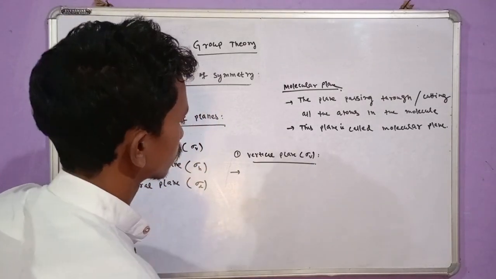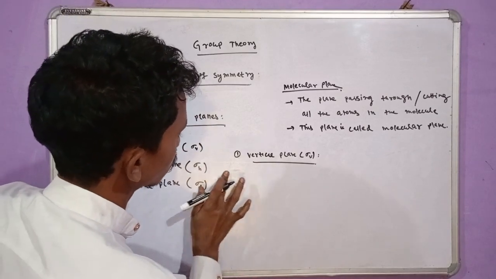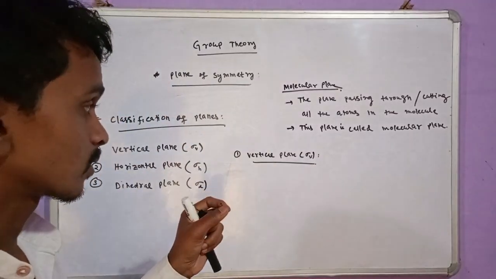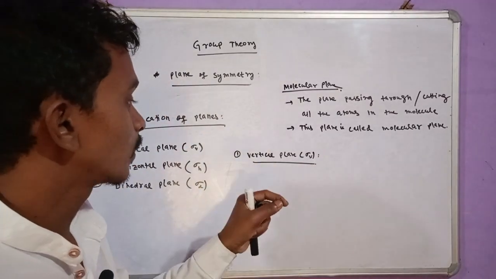I'll write the condition, or you can say this is the definition. To become a vertical plane, what are the conditions?